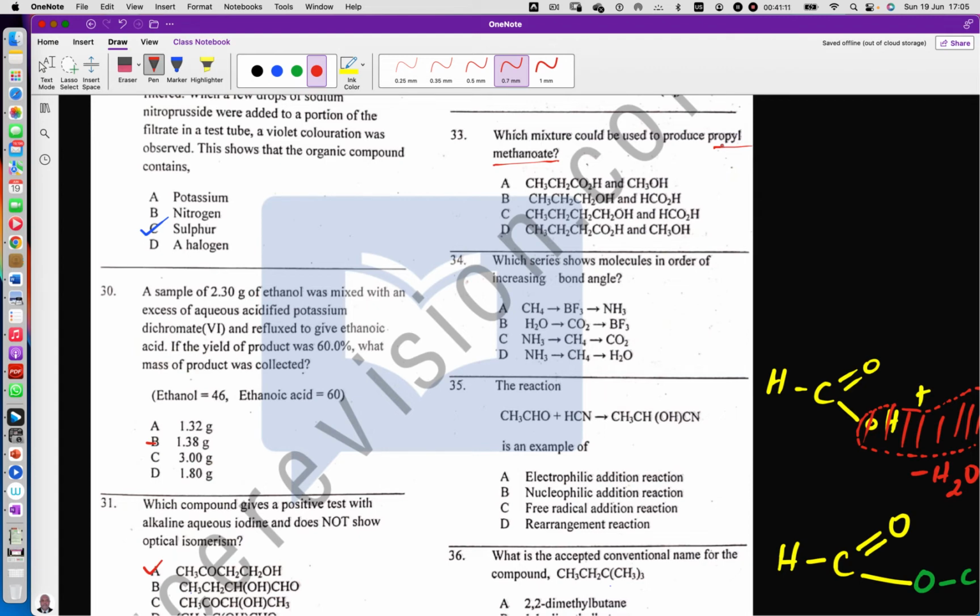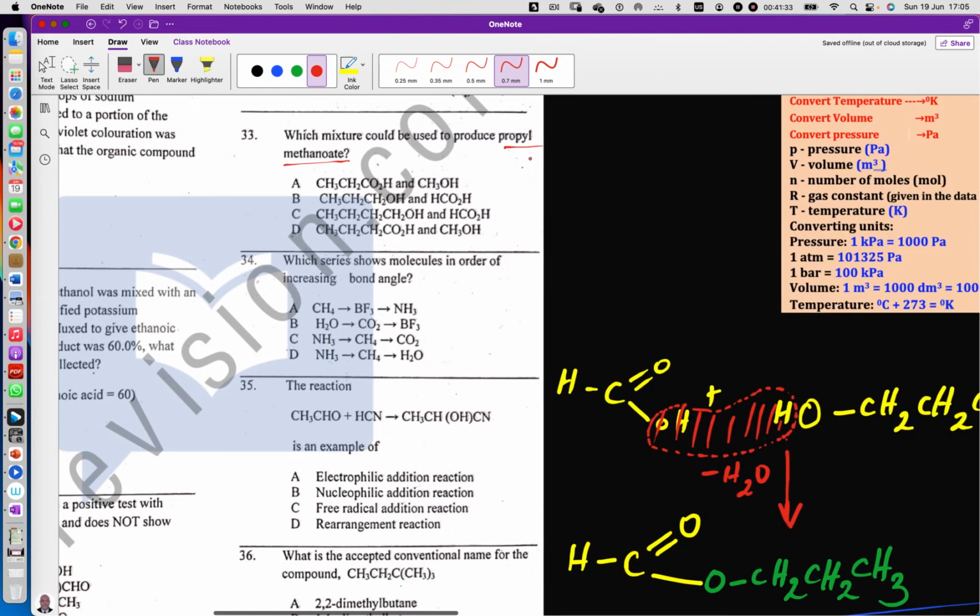If it is propyl, that means the alcohol was propanol or propan-1-ol. If we end with methanoate, then the acid was methanoic acid.